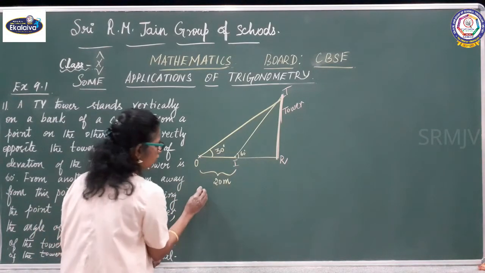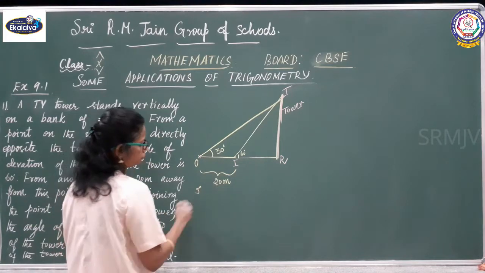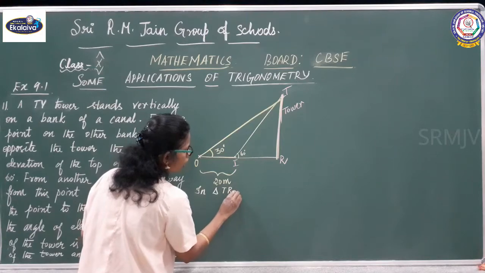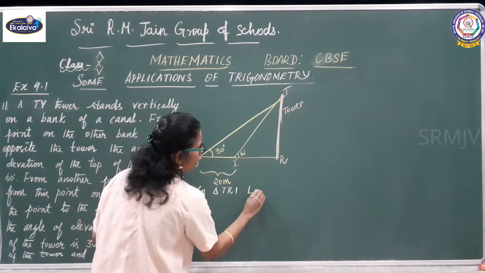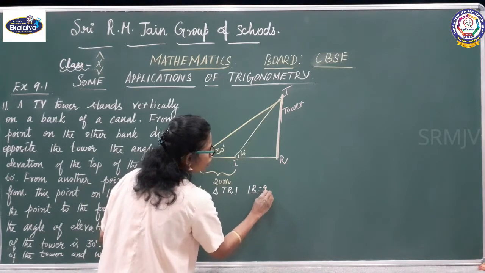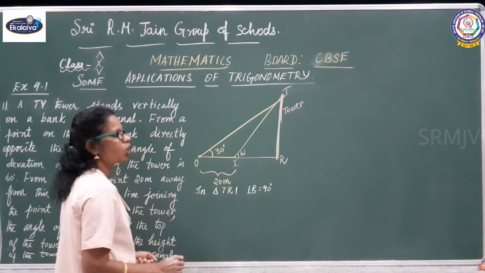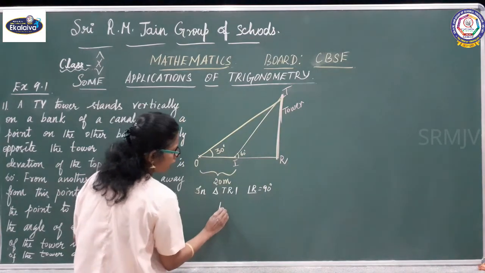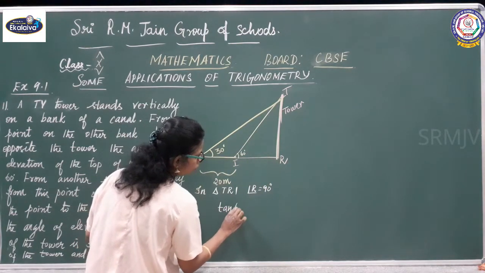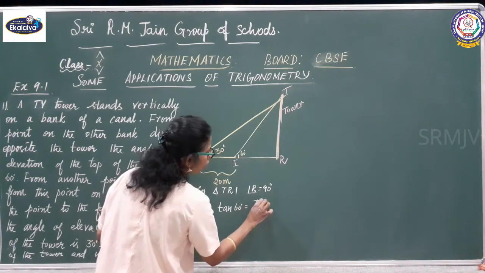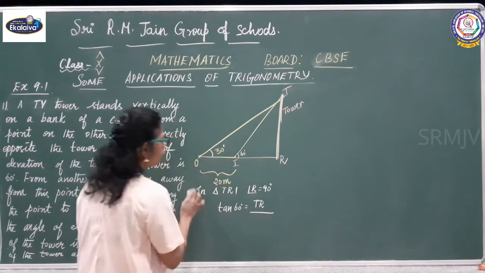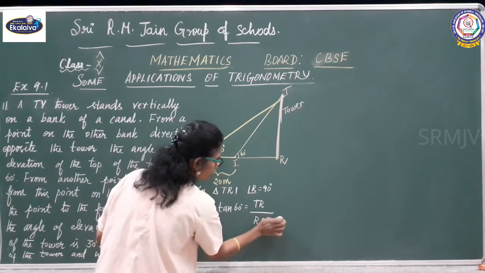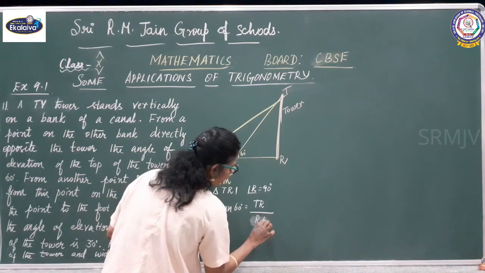In triangle TRI, angle R equal to 90 degree, tan 60 degree equal to TR divided by RI.